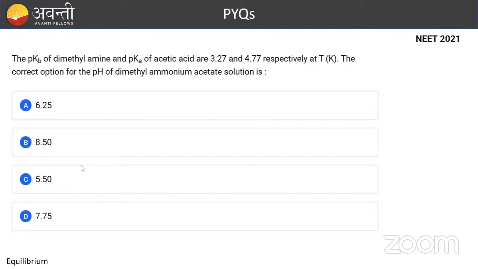So we are provided with the pKa and the pKb values. 3.27 is the pKb value and 4.77 is the pKa value. We need to find out the pH of dimethyl ammonium acetate. Dimethylamine is the base and acetic acid is the acid, and this is the salt containing both. We need to find out the pH of this salt.